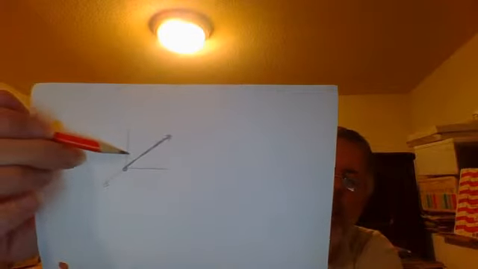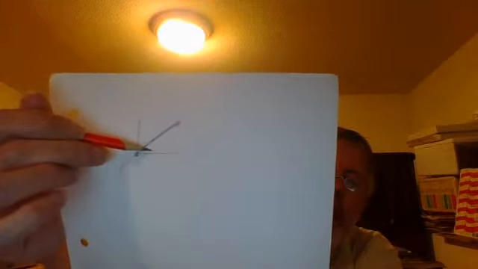Complementary and supplementary. Those are two words you're probably going to get mixed up because they mean kind of the same thing. Two angles are complementary if they add up to 90 degrees. So in this example I gave here, the two angles are complementary because the angle on the top and the angle on the bottom do add up to 90 degrees because they form a right angle.